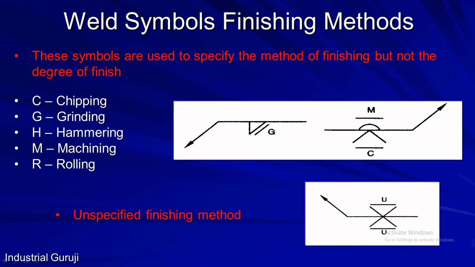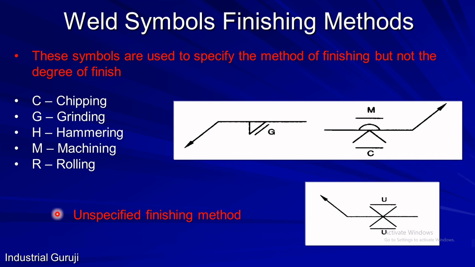Now out of these supplementary welding symbols, some symbols represent finishing methods. These symbols are C for chipping, G for grinding, H for hammering, M for machining, and R for rolling. Remember guys, one has to indicate the letter representing a method above the contour symbol.